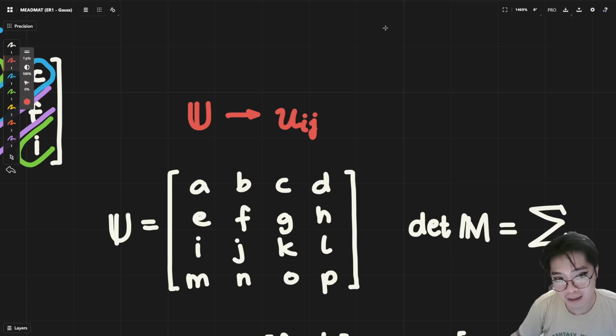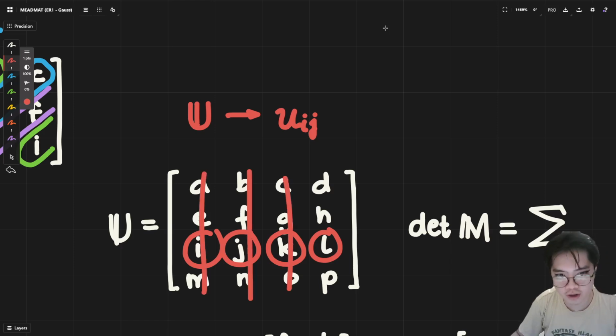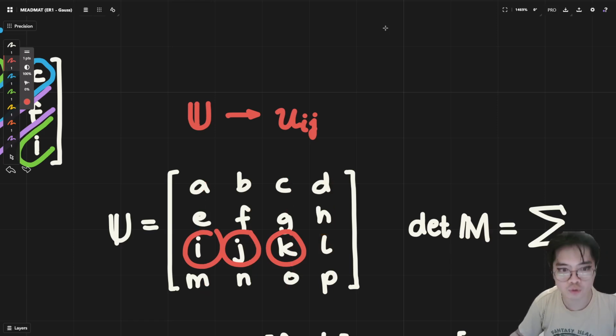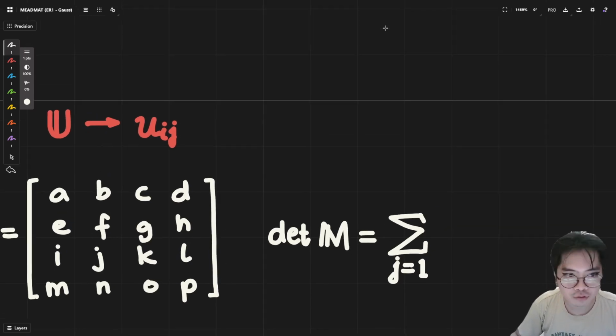But say, for example, you select a row. What you will then do is cycle through the 1, 2, 3, 4 columns. So what is happening in here is that you will cycle through your J from 1 to the number of columns. And what will you do?